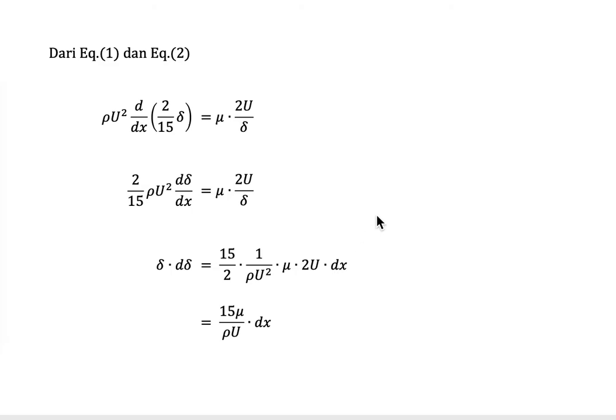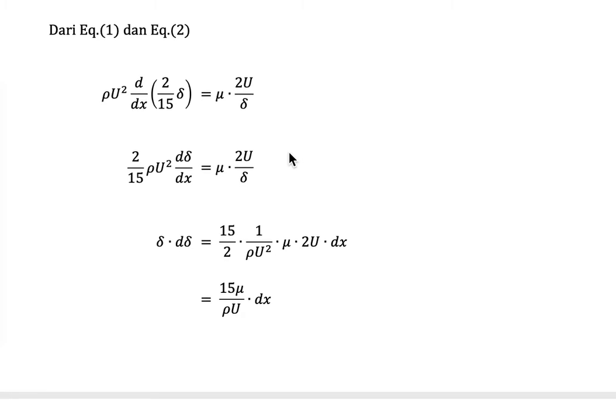Next, what we need to do is equalize both functions of shear stress. This is the equation from the von Karman equation, and this is the equation for Newton's viscosity law. We equalize both of them, and our objective is to find the value of delta.